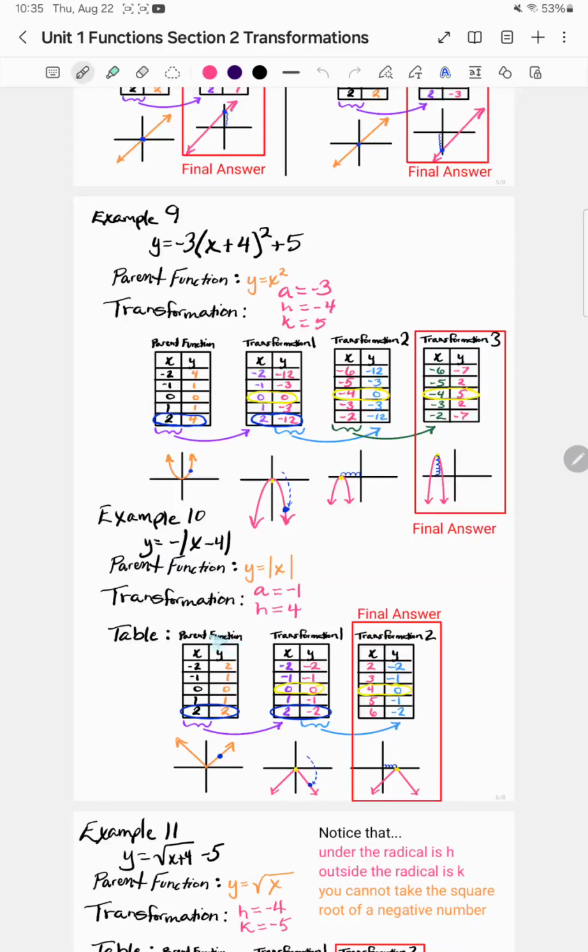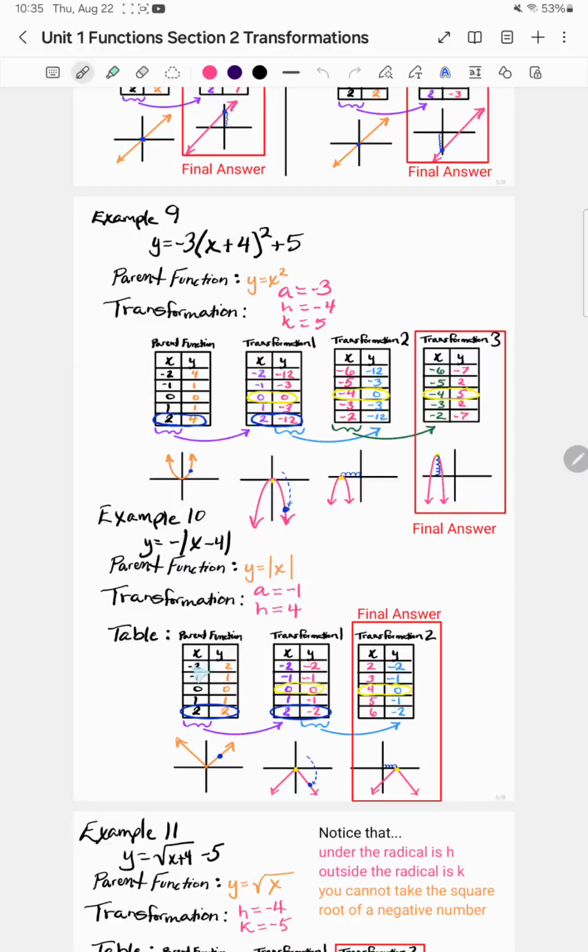Now I can make my parent function table, and you can see what I'm doing in order to make it. I take my negative 2 and I plug it into my parent function. The absolute value bars, what they do is basically just take a negative away. They don't switch the sign, they only take the negative away.